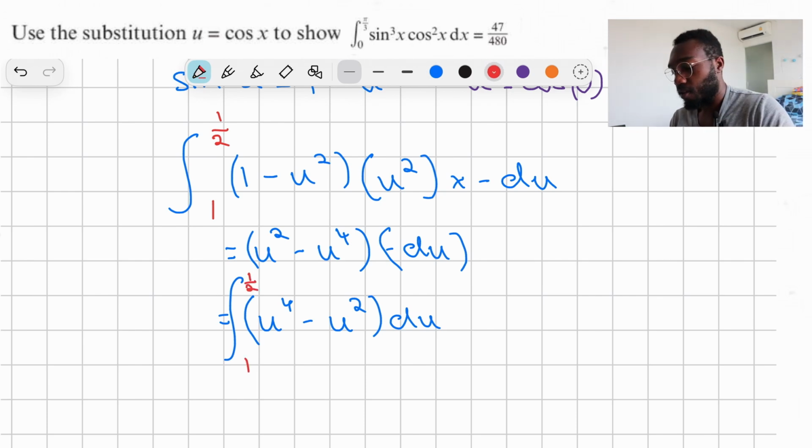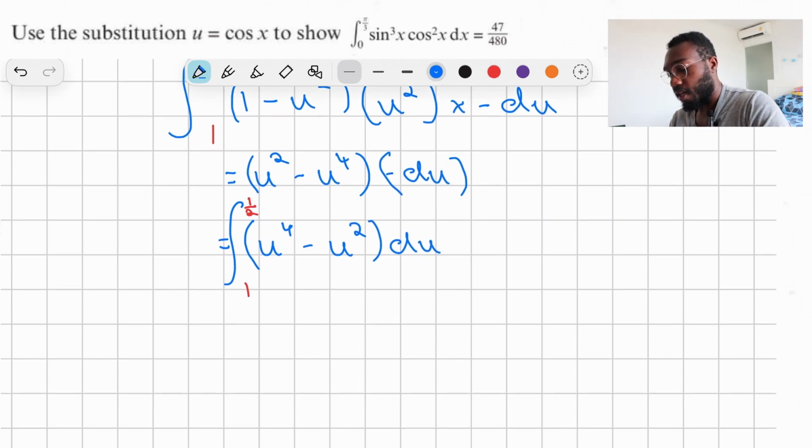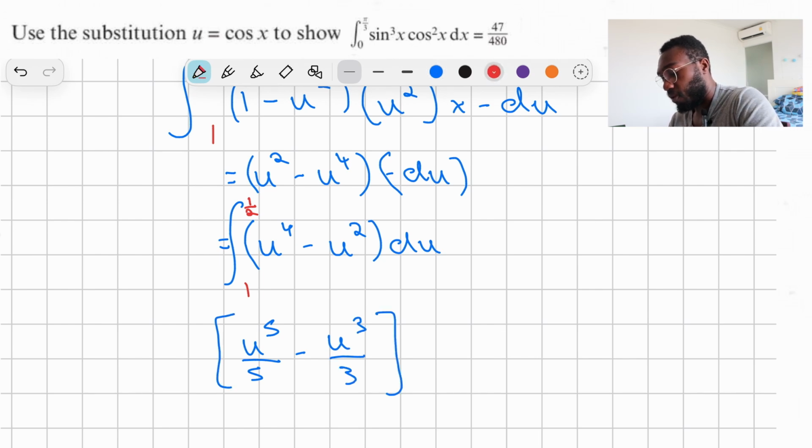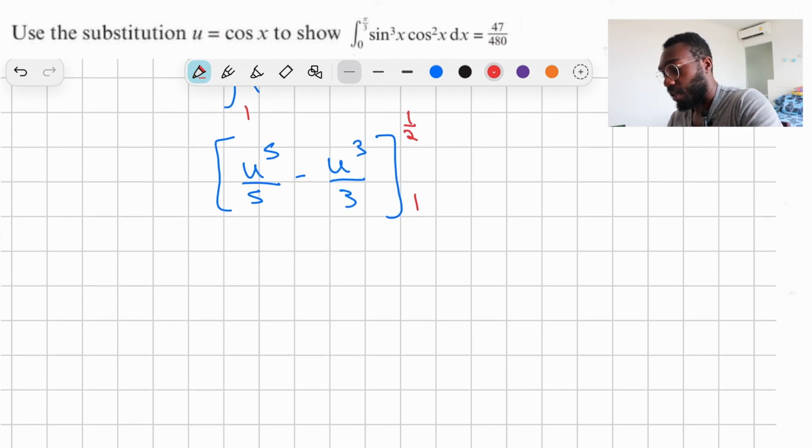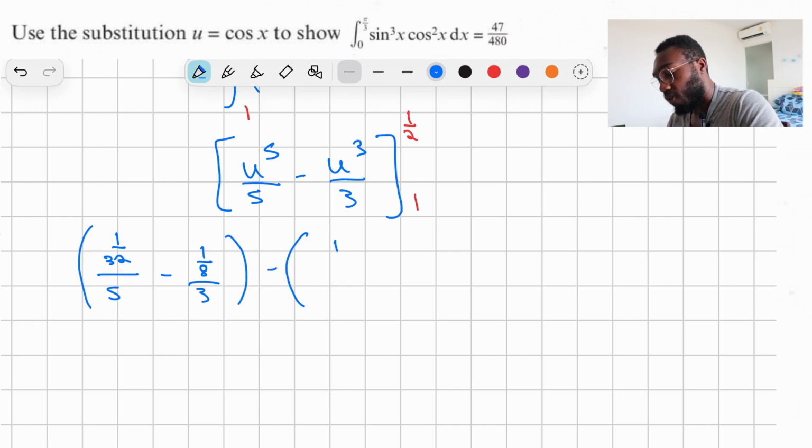So now if we integrate this, what do we get? Well, we get u to the 5 over 5 minus u to the 3 over 3. And with our limits of a half and 1, we now just put those values in. If we put those values in, we get 1 over half to the 5, which is 1 over 32, divided by 5, minus 1 over 2 cubed, that's 1 over 8, divided by 3, and that would be minus 1 over 5 minus 1 over 3.